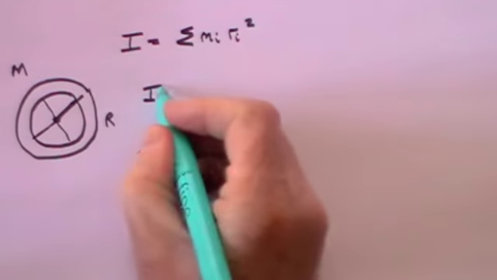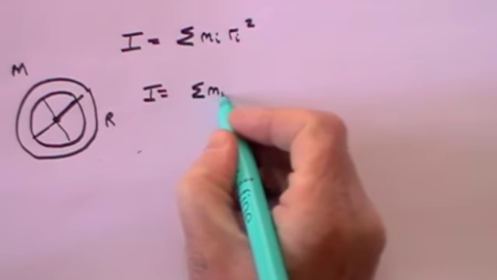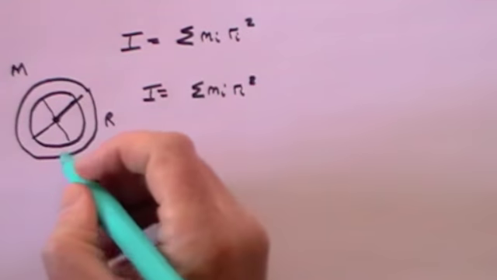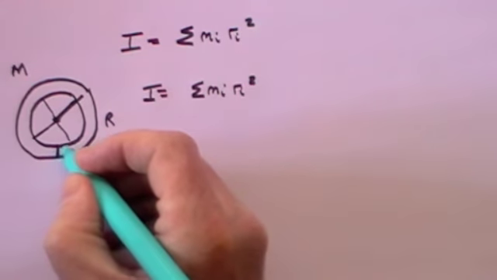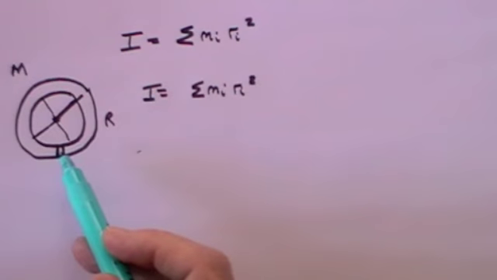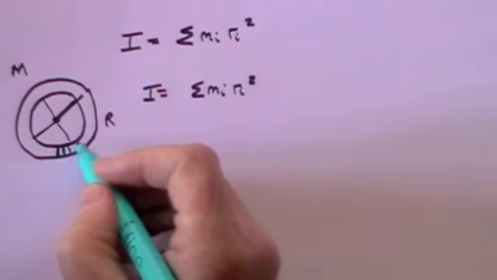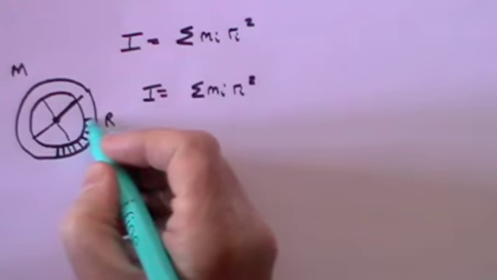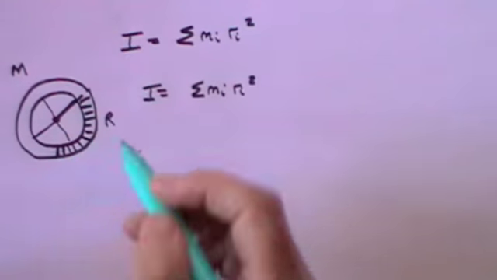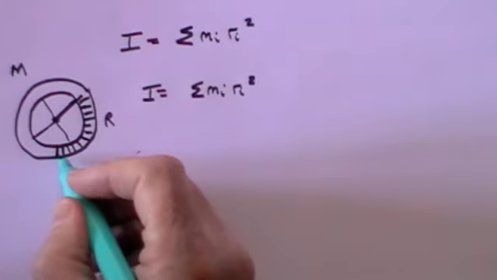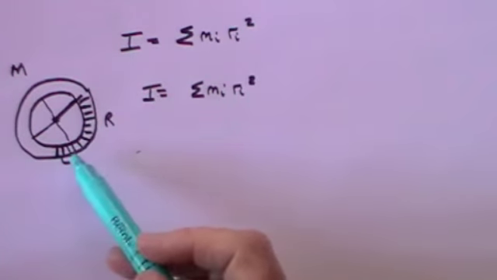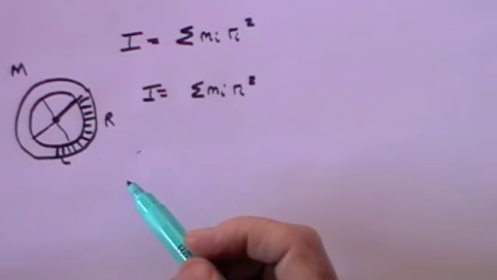And we say that I is equal to sigma mi Ri squared, where mi is the mass of a little element carved out. In fact, we break the ring into lots of elements, all the same size, all the way around the ring, and we consider the mass of each of those times the distance of each of those from the centre.